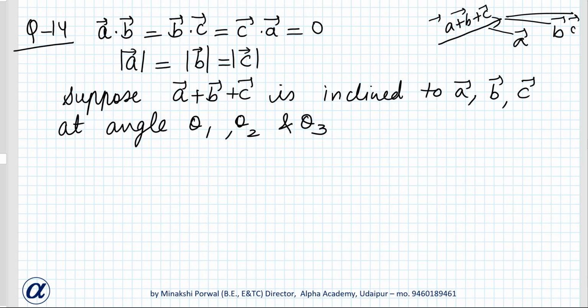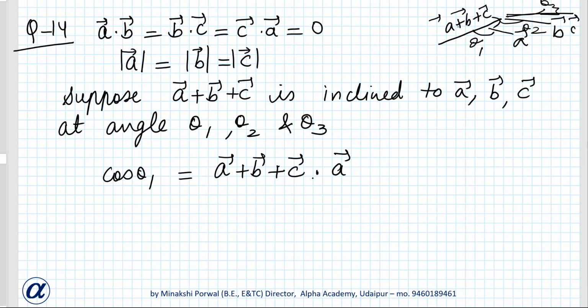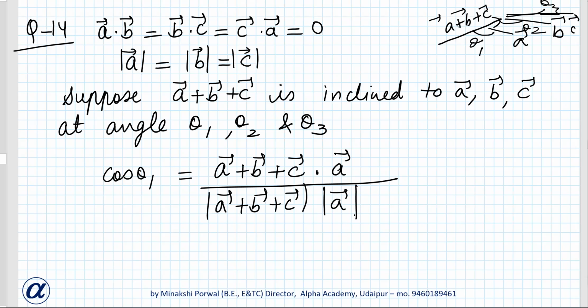Suppose the angle which A plus B plus C forms with vector A is theta 1, this is theta 2 and this is theta 3. Then we can write cos theta 1 equals A plus B plus C dot A upon mod of A plus B plus C times mod of A. Now A dot B will be 0 and C dot A is also 0.